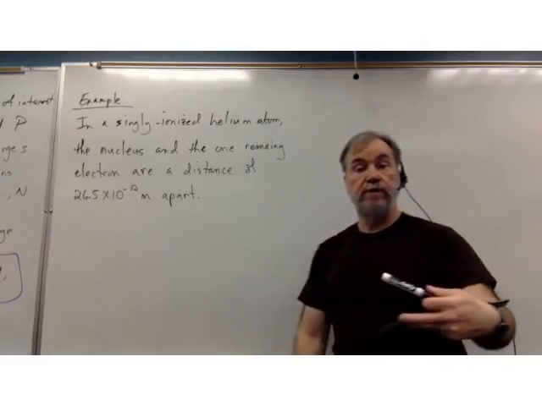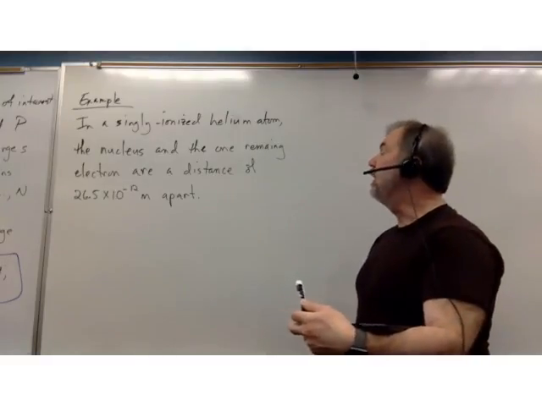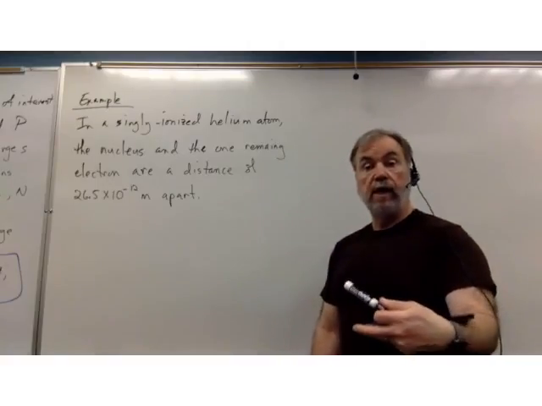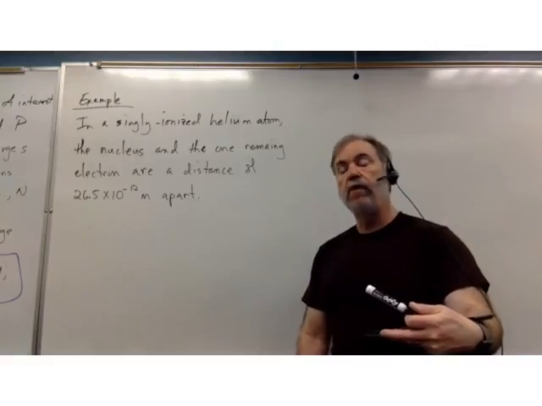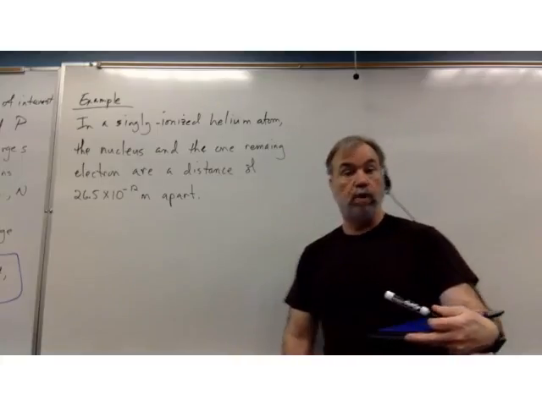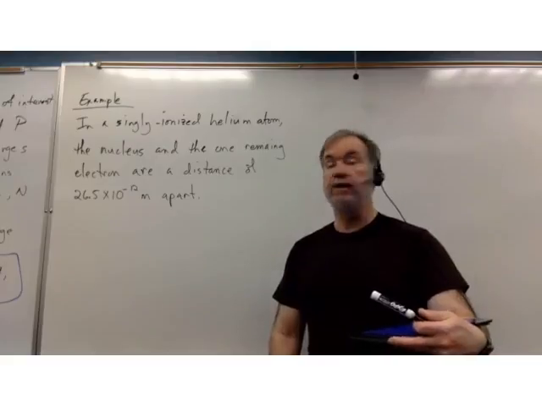It has 2 protons, and therefore the electrically neutral helium has 2 electrons orbiting it. Singly ionized means that somehow or other, and we don't have to care how, one of the electrons has been stripped away, leaving just 1 electron for the 2 protons in the nucleus.